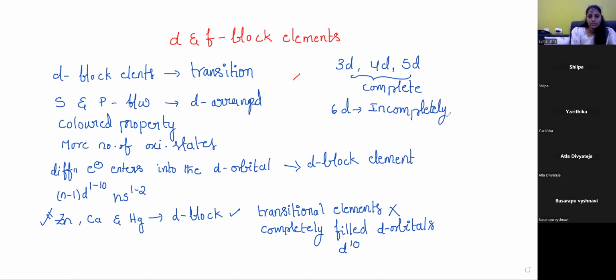So we can conclude that d block elements are divided into four series. The first series is the 3d series, the next is the 4d series, the third is the 5d series, and the next one is the 6d series. 3d, 4d, and 5d are completely filled series, and 6d is the incompletely filled series. So please make a note of all these points, then we will go to the next page.